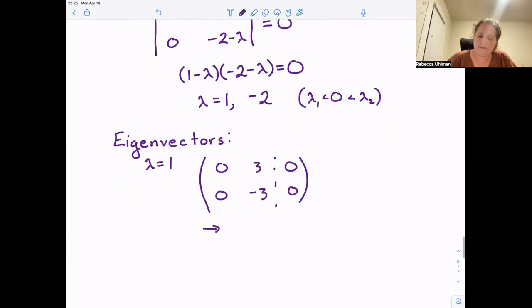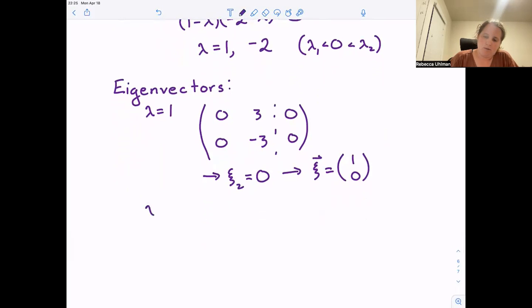This tells us that psi2 must be equal to 0. So the vector we can pick for psi in this case is just 1, 0.